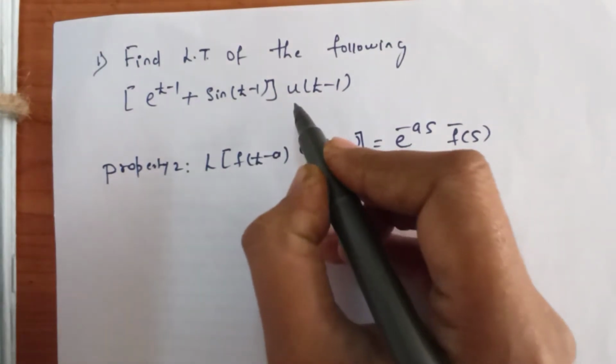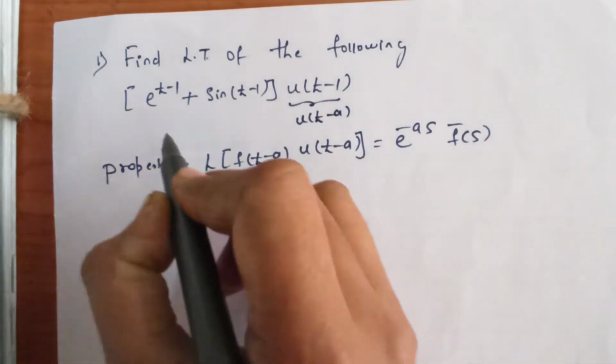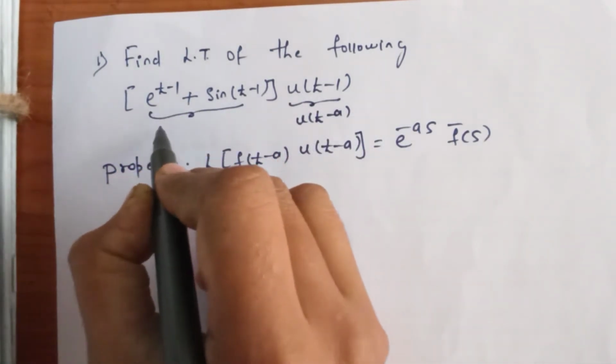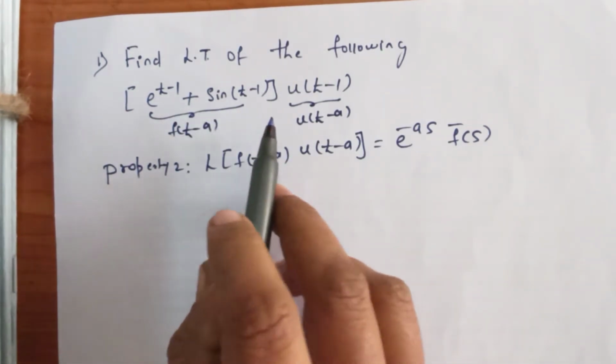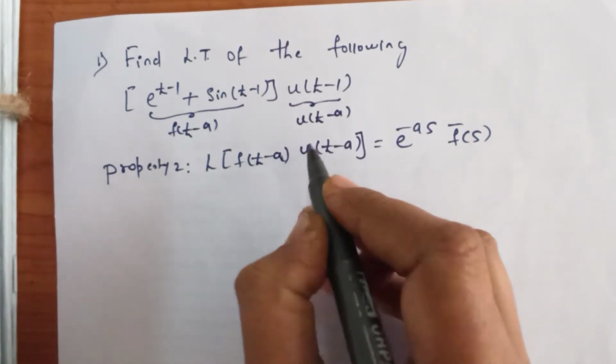Here you see this function, we have to assume it as our u(t - a), and a function which is multiplied with u(t - a) will be your f(t - a). This way we have to identify which property we have to make use of here.